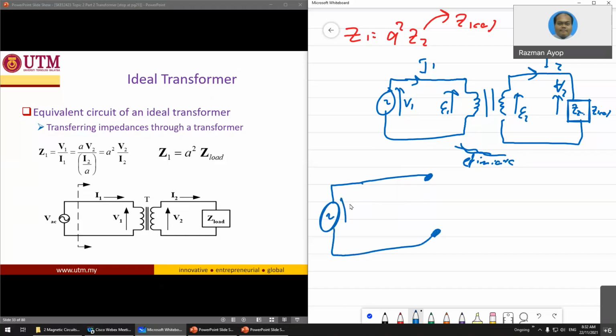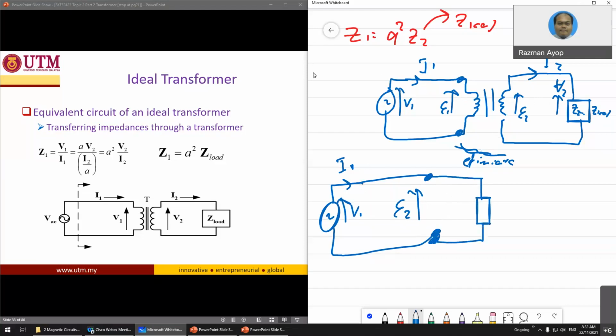You can see here this is V1, I1. This is E2. So at this point, you want to eliminate it, but you have to transfer everything here. So how to transfer this? It becomes something like this.